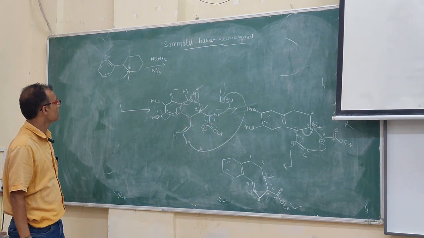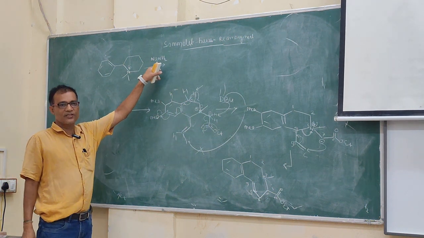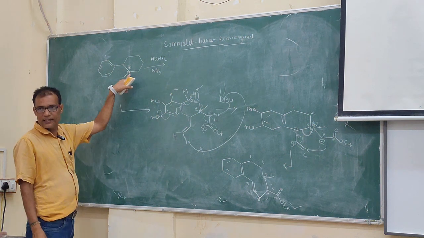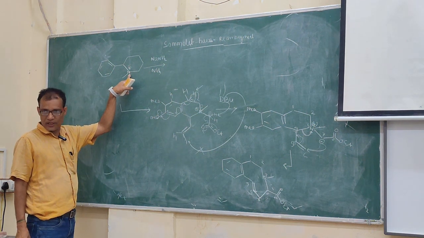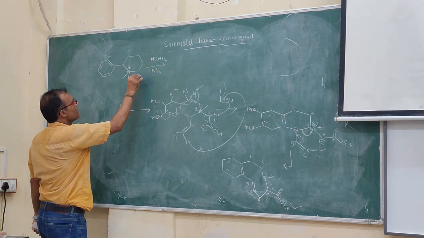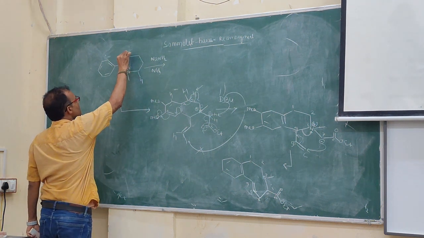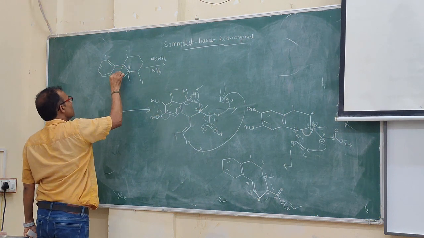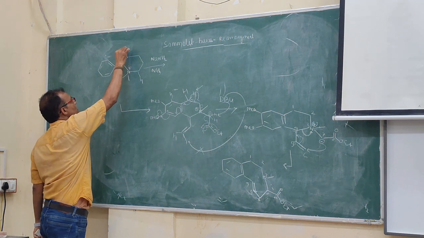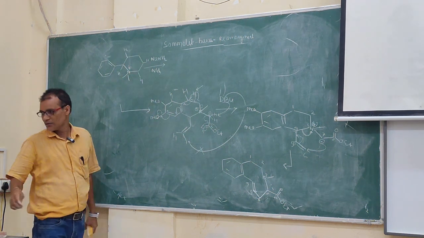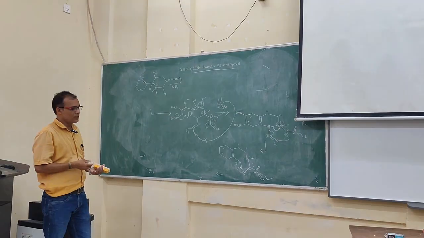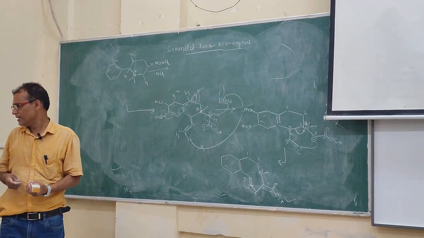Same thing, Na plus NH2 minus will take a proton. Already it is quaternary, which means it needs to be neutralized. So where will it take the proton? You can take here, you can take here, or you can take here also. But finally, the product is something different.